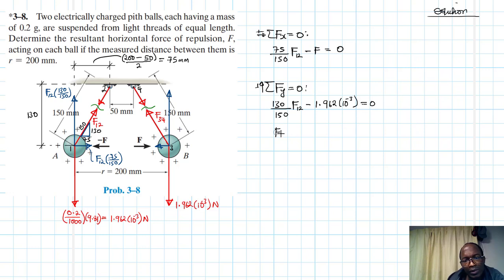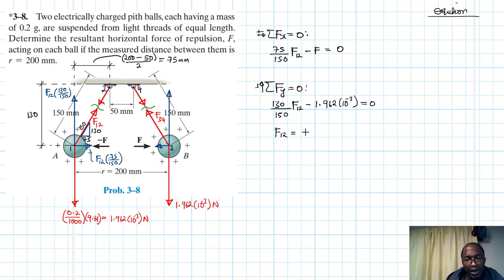Therefore, F12 is just going to be equal to 1.962 times 10 to the power 3 divided by 130 divided by 150.